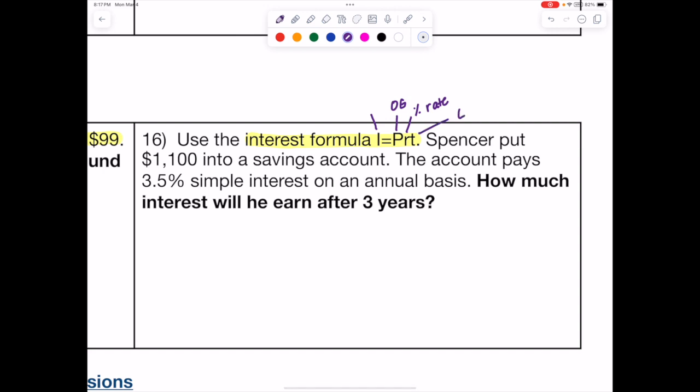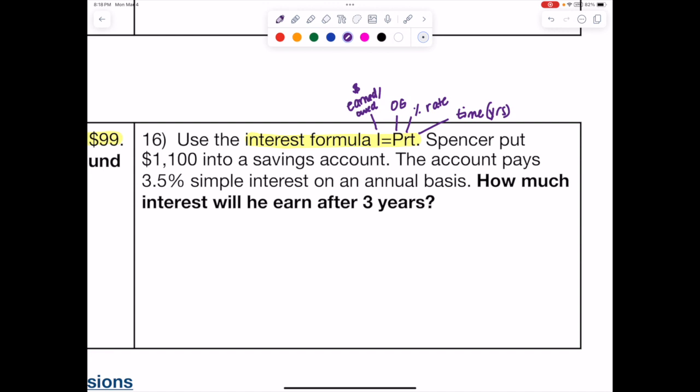T is time, but it's in years. And interest is your actual amount earned or lost, or another thing we can say is earned or owed, so the money earned or money owed. These are all the pieces, just to remind you.